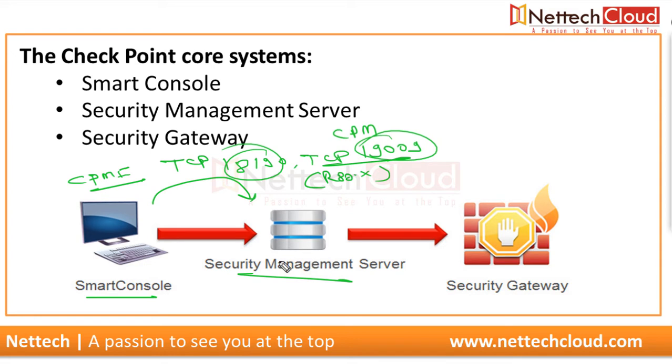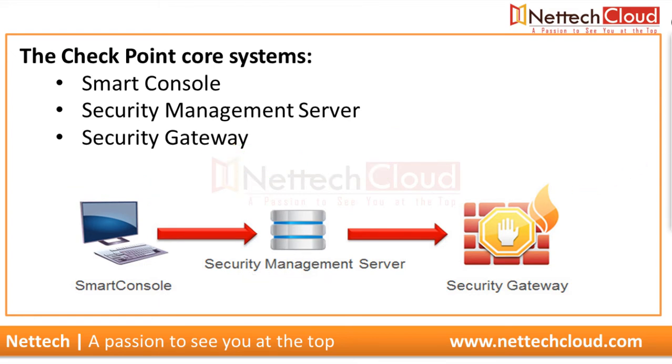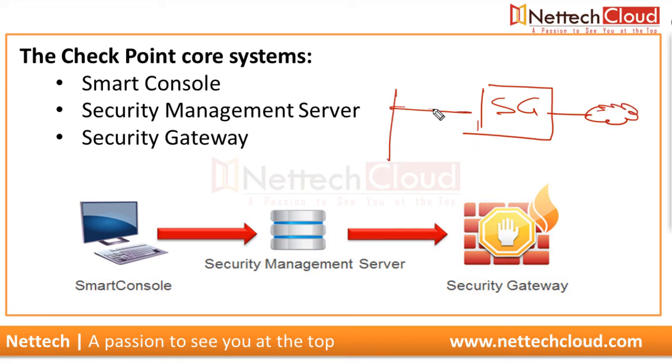Not really. And let me explain why we don't need to worry about both the ports. Here, let's say a security gateway, the firewall, with the external interface going to the internet side, WAN side, and the LAN segment here, and the management server, SMS, and GUI client on the same segment.